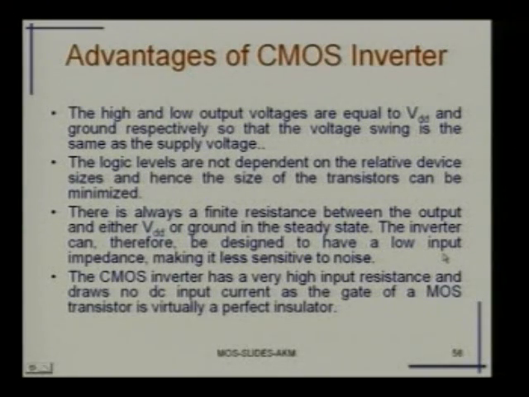And a major factor is that there is no static current flow. The static current flow means that either in the 0 state or in the 1 state, one of the transistors being off, there is no direct current flow, but there will be a current flow which is called the leakage current.